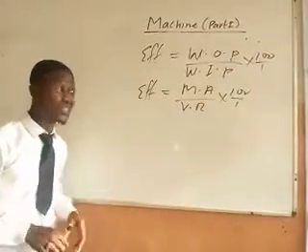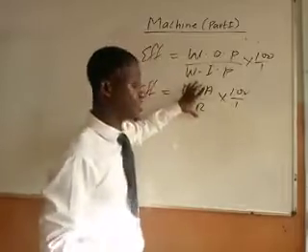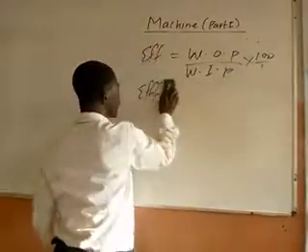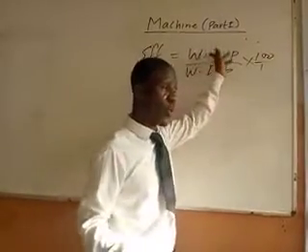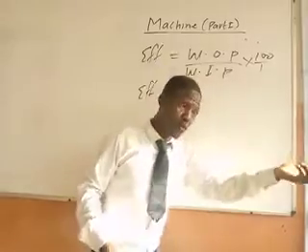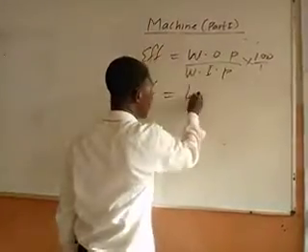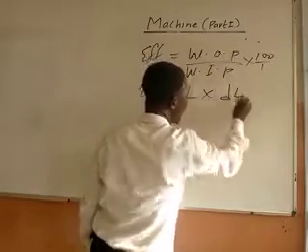It's another question on its own. They may ask you to prove that efficiency of machine is equal to this. So you are going to start from this one. Then what is work output? That is the force, that is the load, multiplied by distance moved by the load. So it will be load multiplied by distance moved by the load.